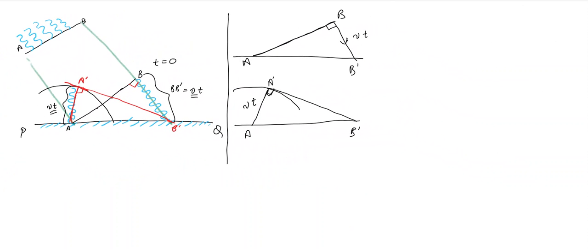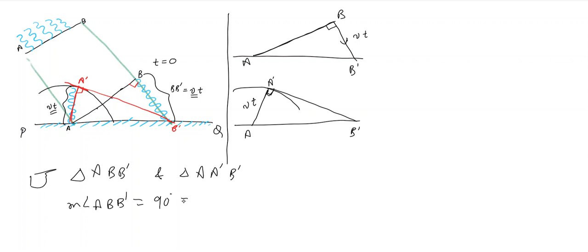Now I should be able to say that in triangle ABB prime and in triangle A prime B prime, the measure of angle ABB prime is 90 degrees, and so is the measure of angle A prime B prime, this is one point.